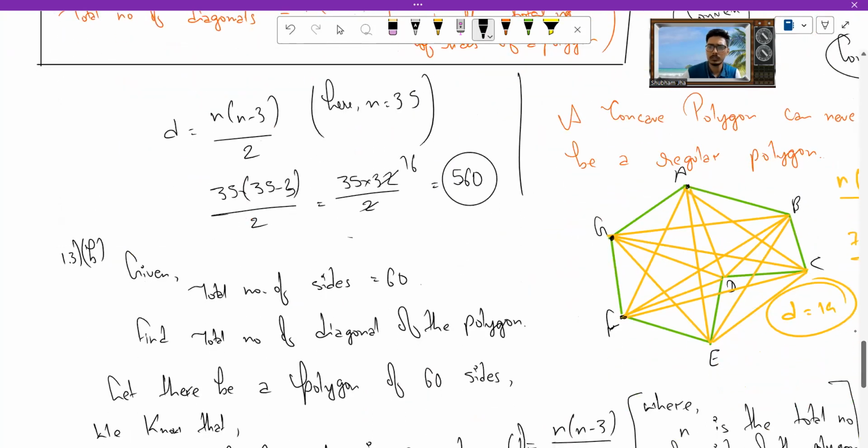So we have only two concave structures. The first thing that we can see is the angle. This angle is more than 180 degrees. Okay, what else? The total number of diagonals is 14, which means the formula for the regular polygon is applicable for the irregular polygon.